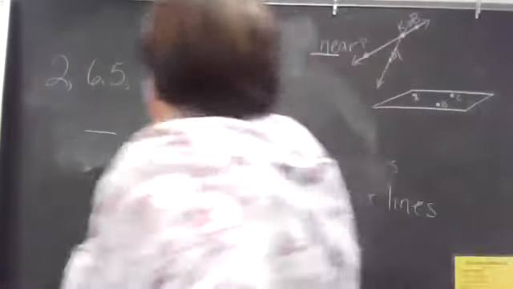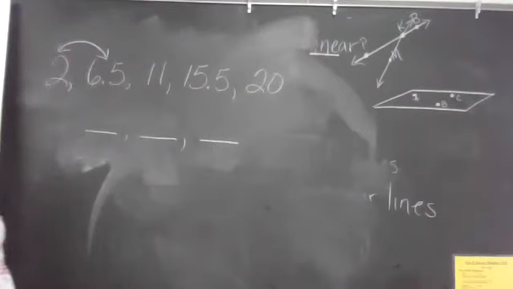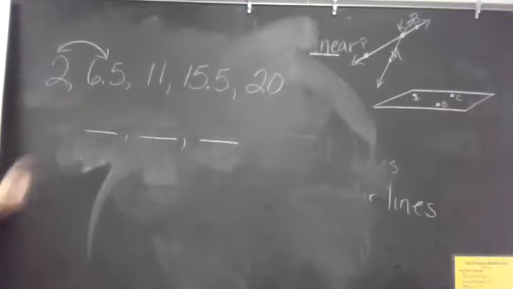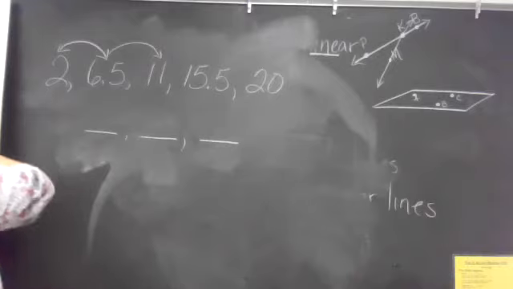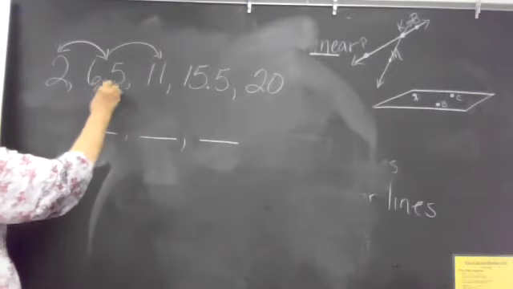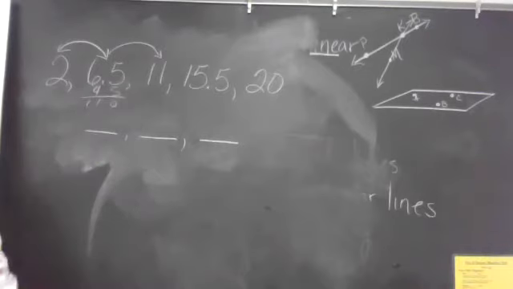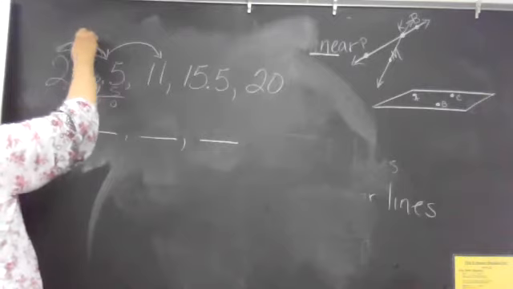What's happening here? It's going up 3.5. 4.5? 2 plus 4 is 6. Yeah, 4.5. Okay, what about here? 5.5. So it's going 4.5 again, isn't it?